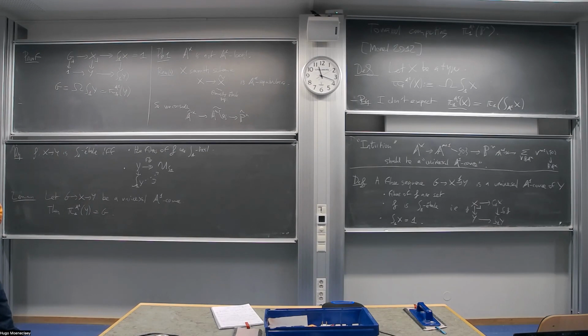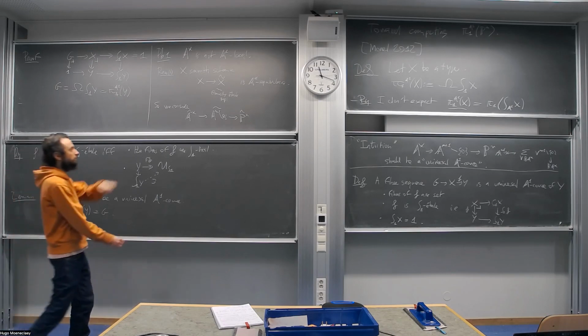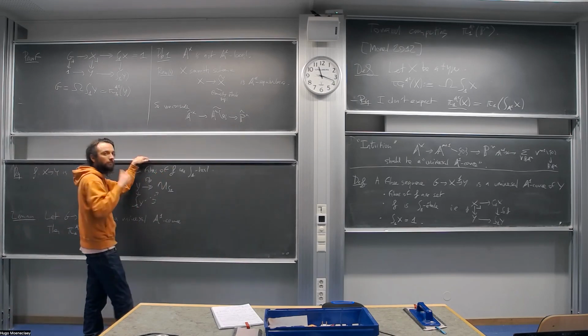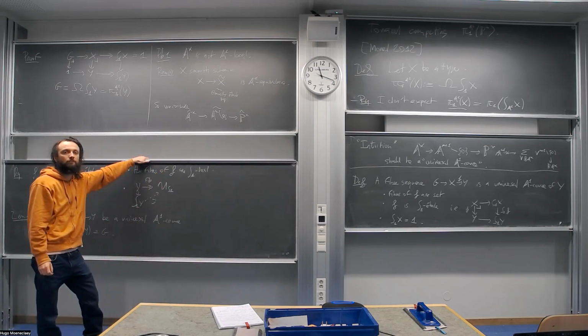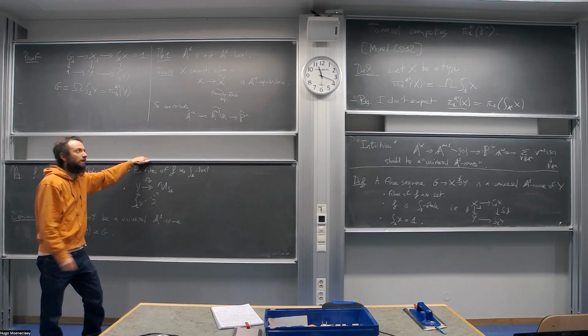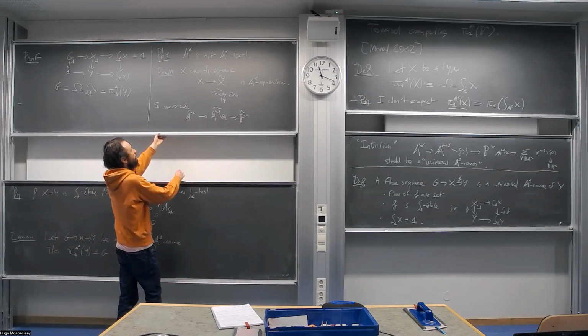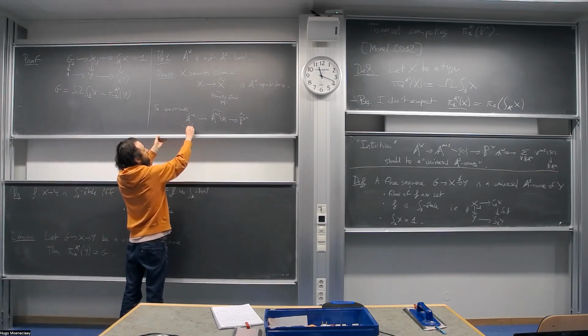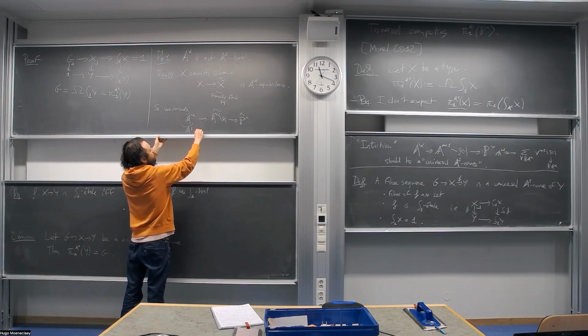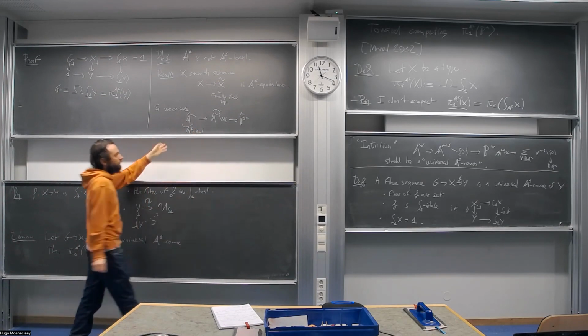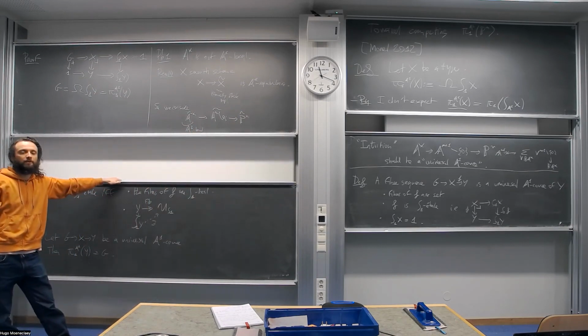When you prove that we cannot assume that the units are A1 local, you use Nisnevich. So A times is not A1 local, but this is A1 local. And it's actually the A1 local replacement of A times.